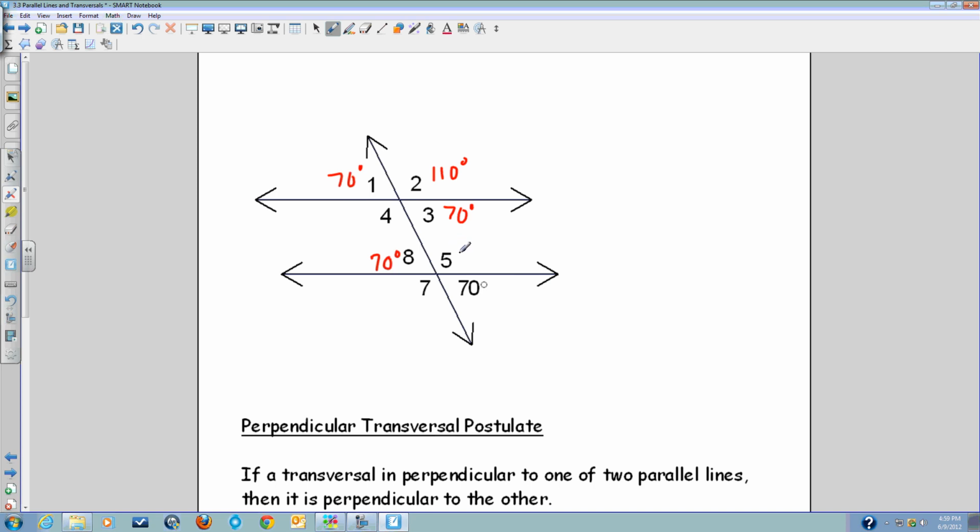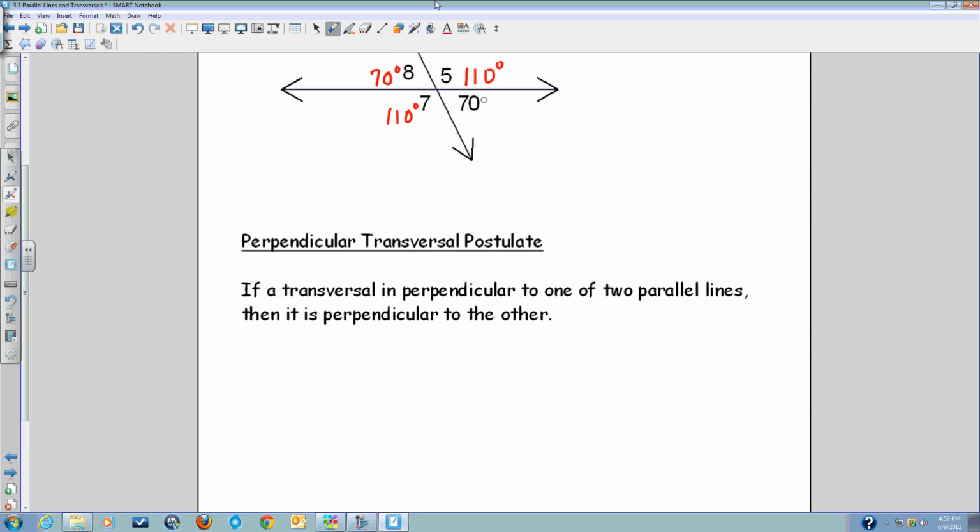Those are consecutive interior angles, and consecutive interior angles are supplementary. So if angle 3 is 70, angle 5 would have to be 110, so they would add up to 180. Then we have vertical angles being congruent, so angle 7 would have to be 110 degrees. And then going up above, angle 4 would also have to be 110 degrees because consecutive angles are supplementary.